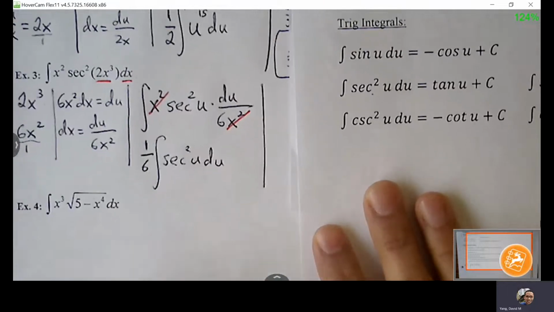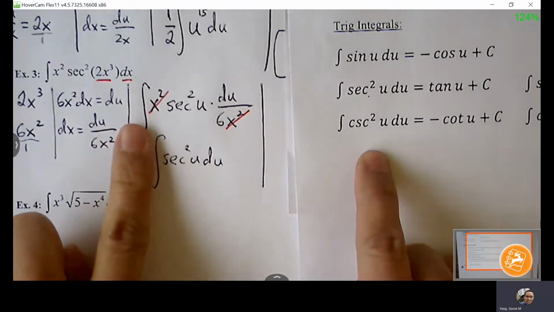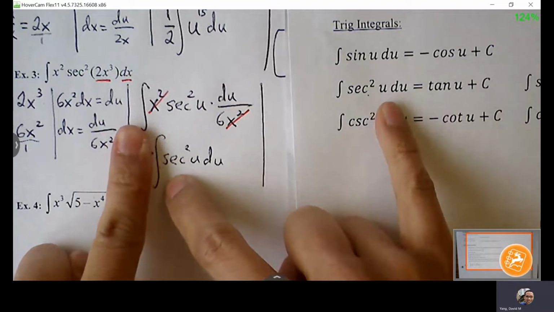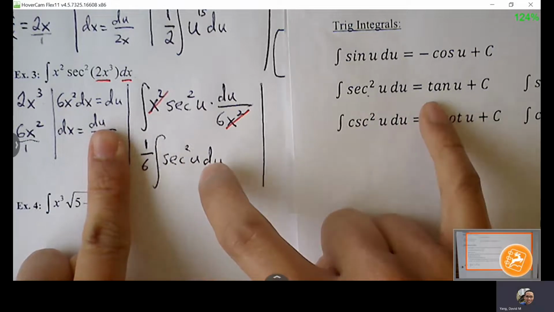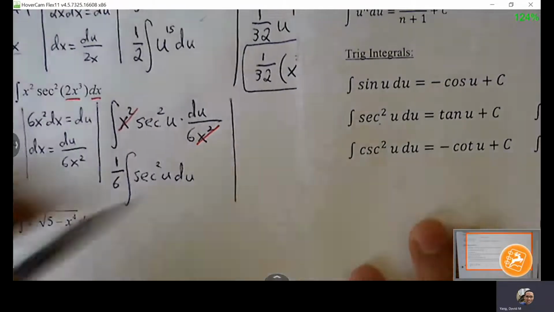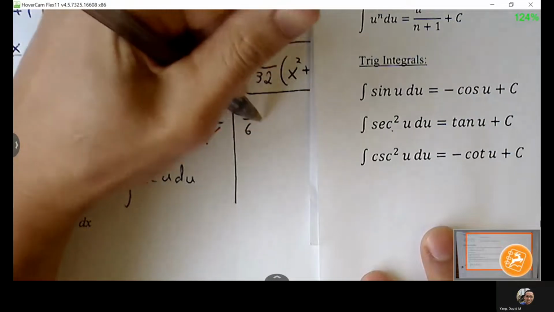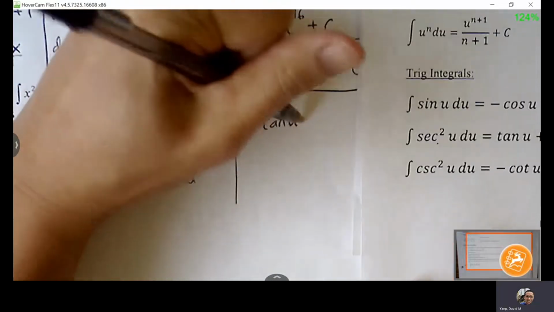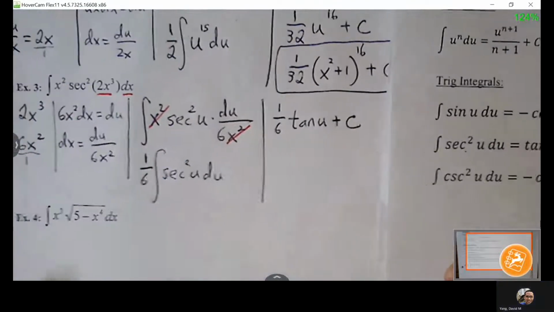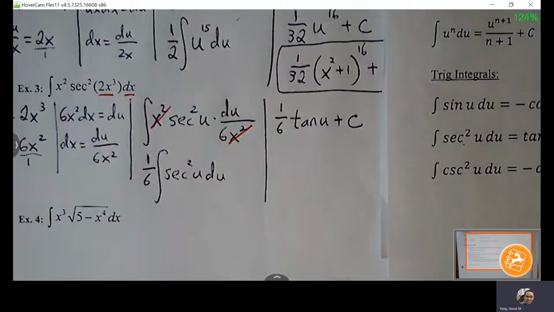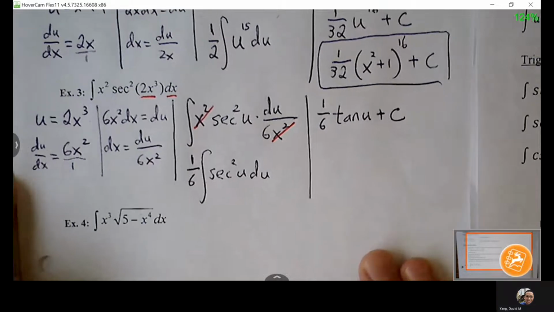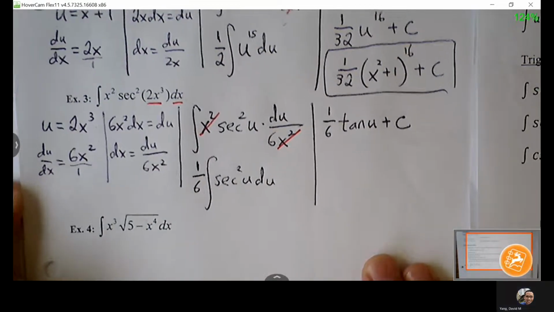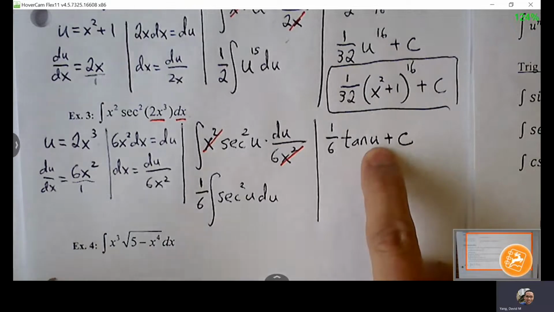Okay, do we have a perfect match? Yes. If you cover up that 1/6, it should look exactly like the rule you want to use. Okay, secant squared becomes tangent u, 1/6 tags along. Okay, we're almost done. What's our final step here? Yeah, remember u is only a temporary variable.